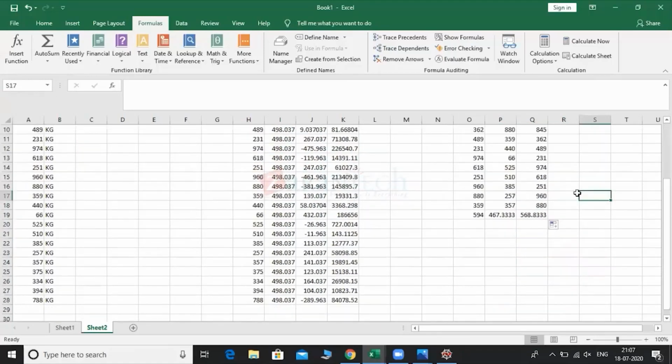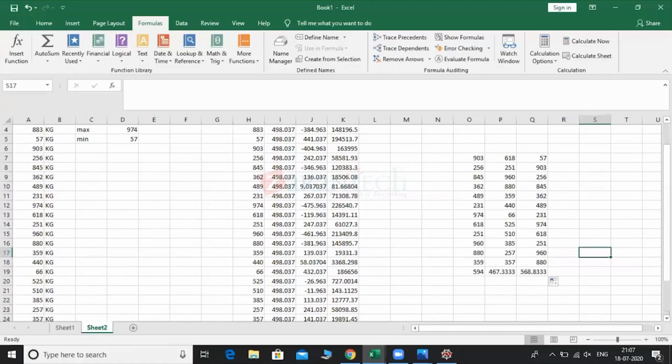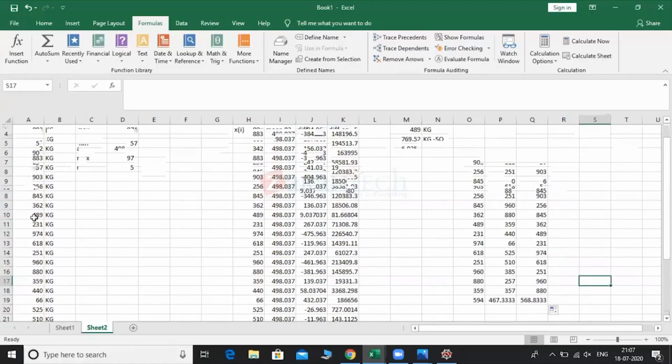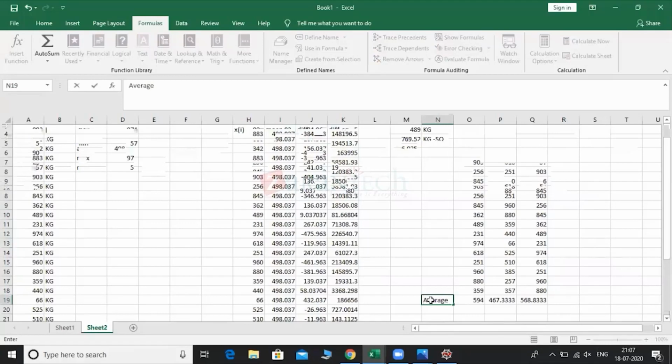If you look at it, all these samples are randomly selected, all of them between 100 and whatever this number. From this data only we have selected these. For all of them, the average number is different. The median will also be different, and all other numbers, the standard deviation, will also be different.